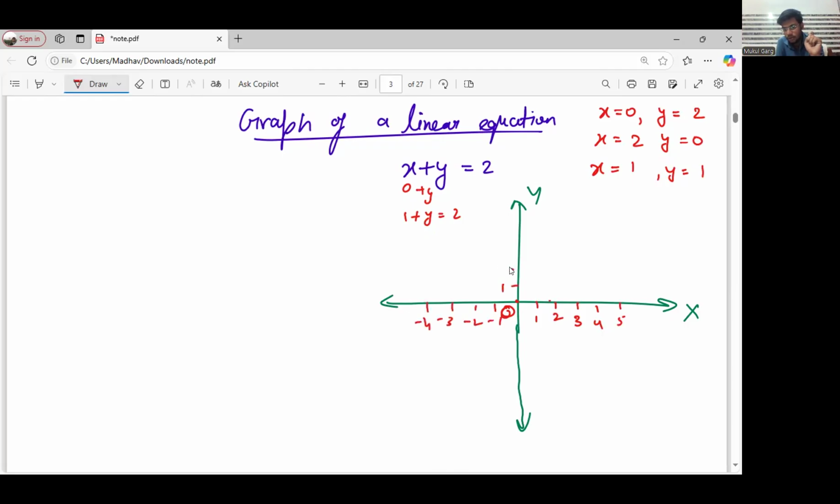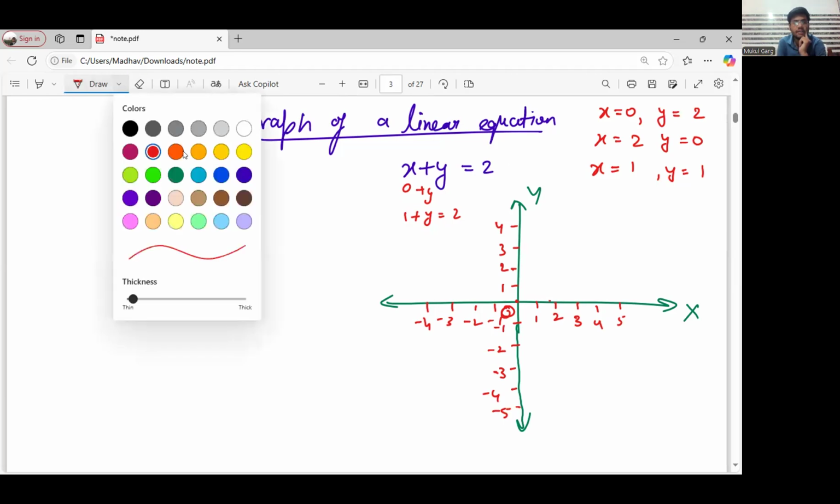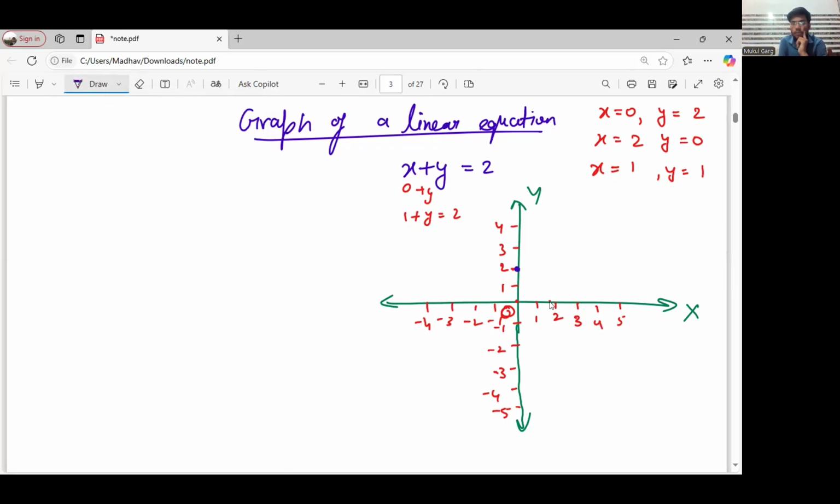This is 1, this is 2, 3, 4, minus 1, minus 2, minus 3, minus 4, minus 5, and so on. First of all, we have (0, 2), which will lie on the y-axis. Here, (2, 0) will lie on the x-axis, and (1, 1) will lie over here.